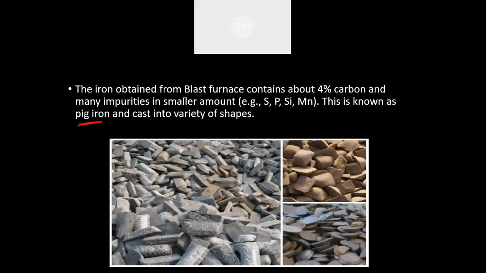The iron obtained from the blast furnace contains around 4% of carbon as impurities, along with other compounds like sulfur, phosphorus, silicon, and manganese. Pig iron can be shaped into different shapes.